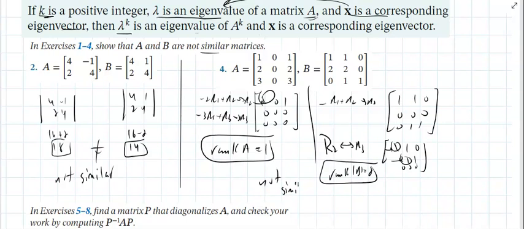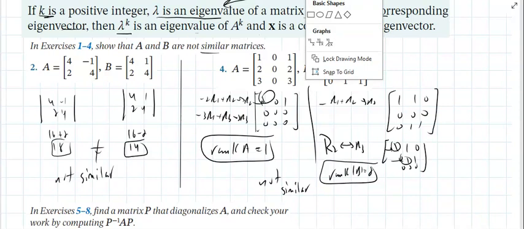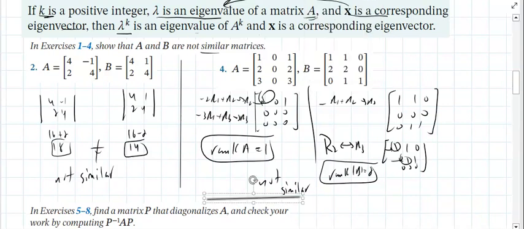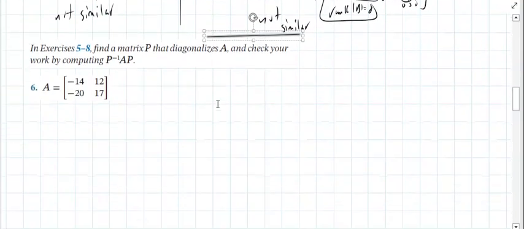Now, only one of those has to disagree. Again, not a big deal. If you're not seeing the similar for this section, we'll come back to it. Let's talk about this.